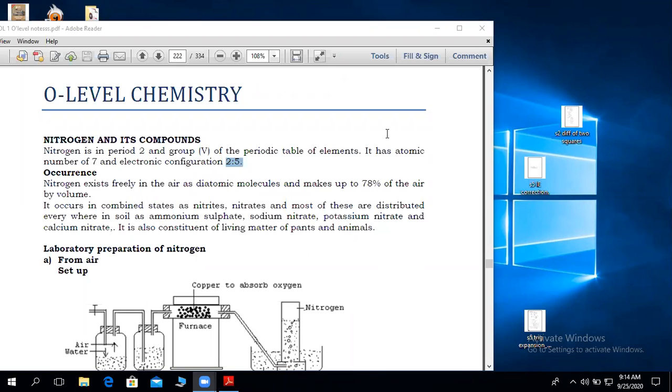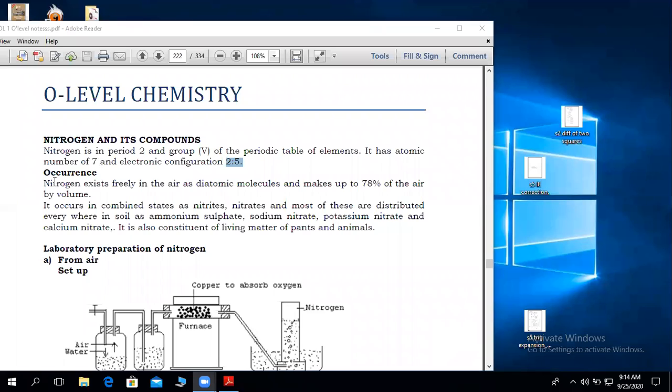We subtract the number of electrons in the outermost energy level. So the valence of nitrogen is 3. It has atomic number of 7, and it is in period 2 and group 5 of the periodic table.